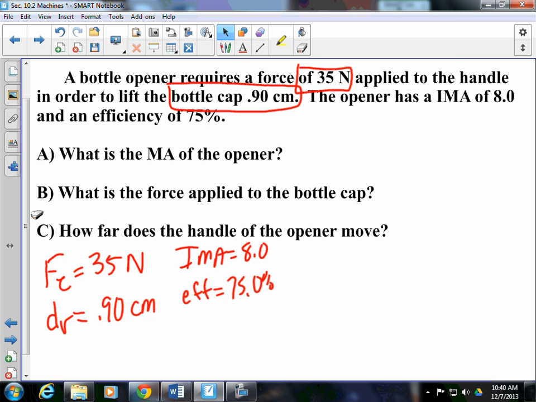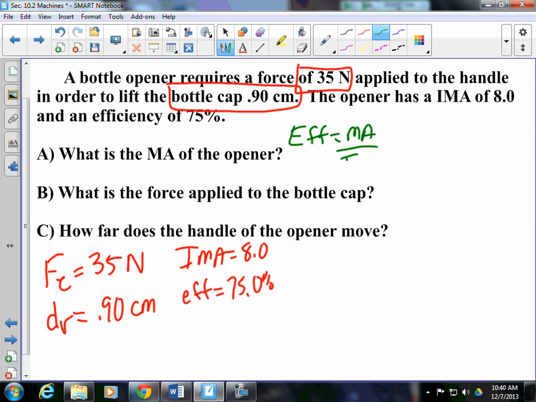But efficiency is equal to mechanical advantage divided by ideal mechanical advantage. Well, we have ideal mechanical advantage and we have efficiency, so we can plug that in. 0.75, because that would be 75%, is equal to MA over 8.0. 8.0 times 0.75, and we get that our mechanical advantage is equal to 6.0.